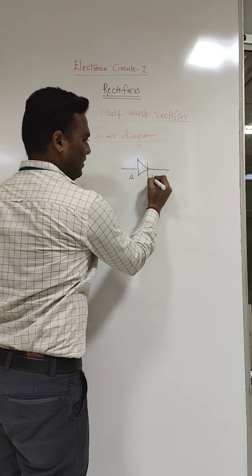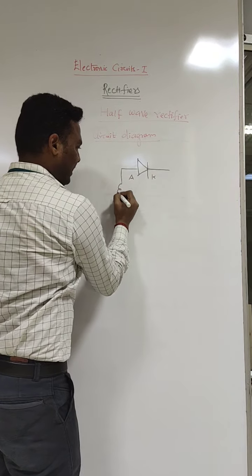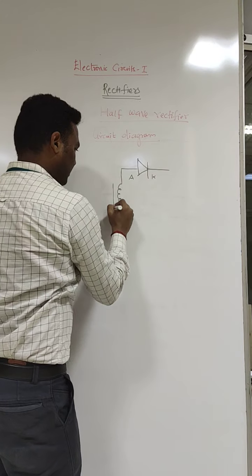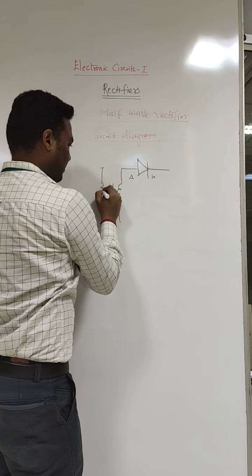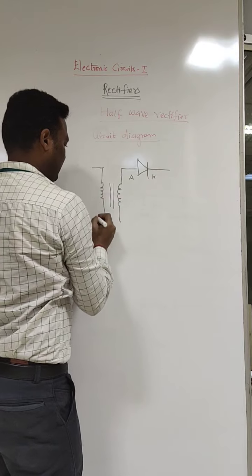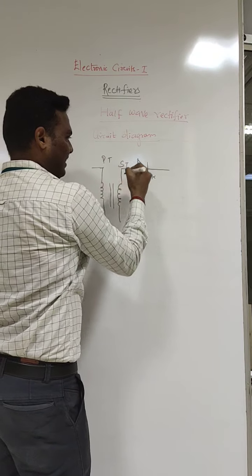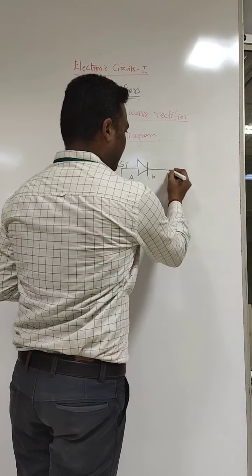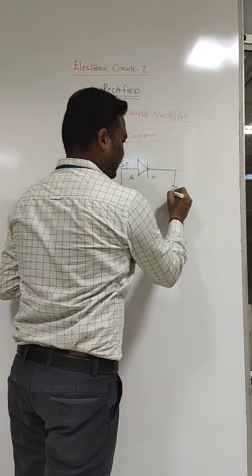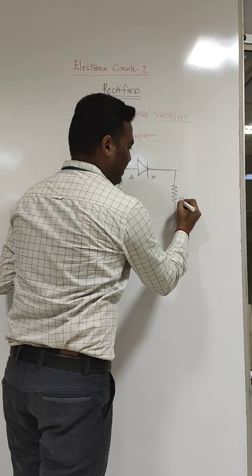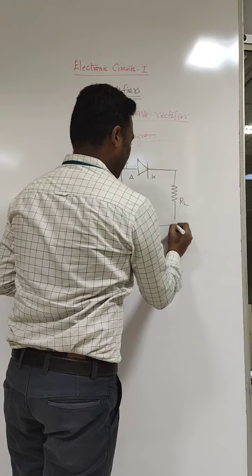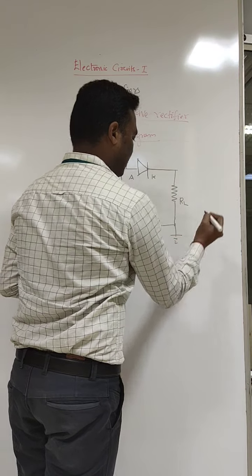This is the anode, this is the cathode. It will be connected with the transformer. This is called the primary of the transformer. This is called the secondary of the transformer. Followed by the resistor, the load resistance RL. Connected together, then directly it is grounded.